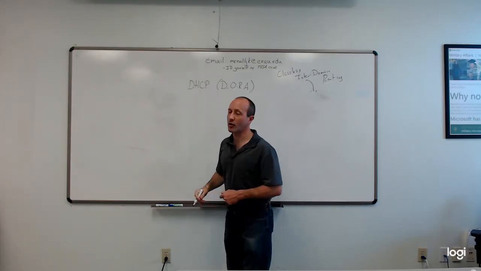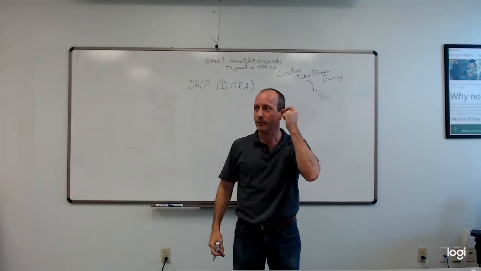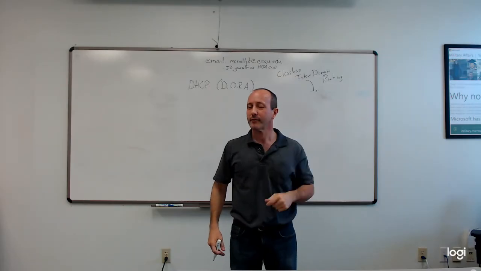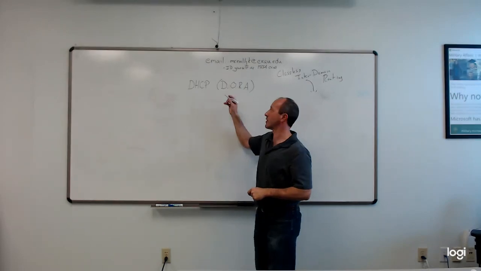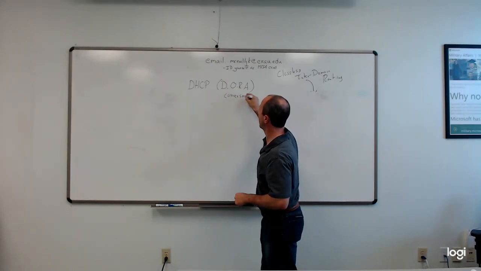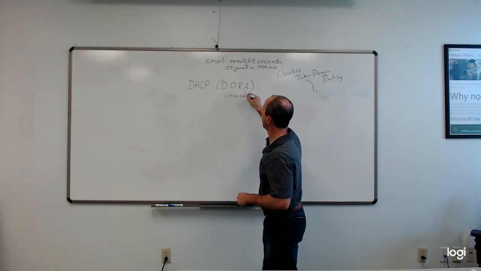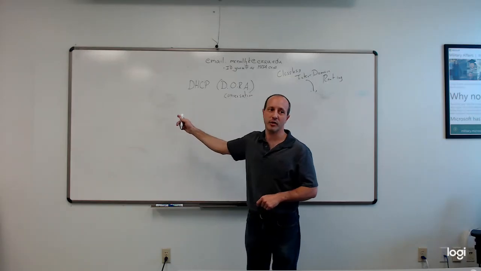If you have a young girl between the ages of 0 and 16, they know about Dora the Explorer. I know I do. You need to understand what the DORA conversation is. That's what we call it. It's what allows a machine to receive an address.